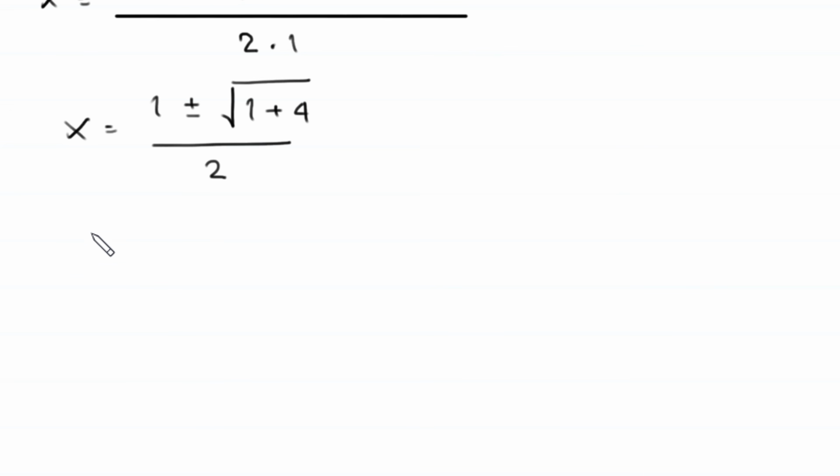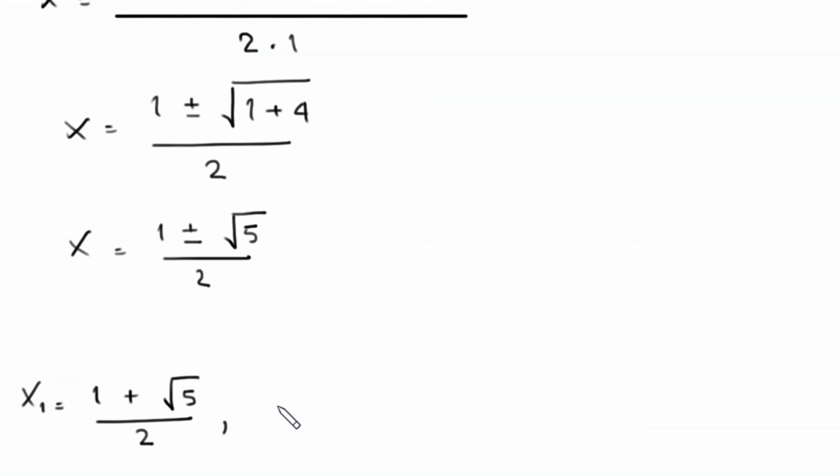Further simplify, this will become x is equal to 1 plus or minus square root of 1 plus 4, 5, divided by 2. It means that from this case we get two solutions. x1 is equal to (1 plus root 5) divided by 2, and x2 is equal to (1 minus root 5) divided by 2.